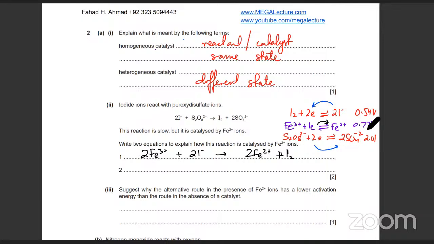With S2O8, Fe2+ was the lower potential. So the lower potential lost electrons, and the S2O8 gained electrons. So S2O8 2- would gain electrons, and the Fe2+ would lose electrons.